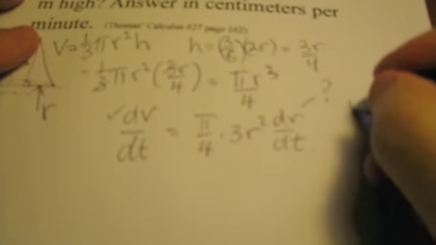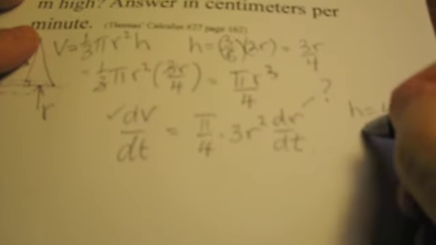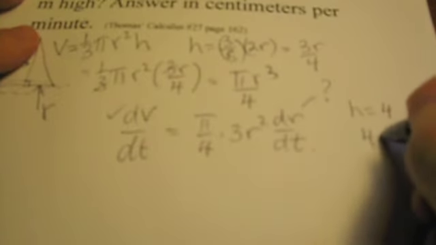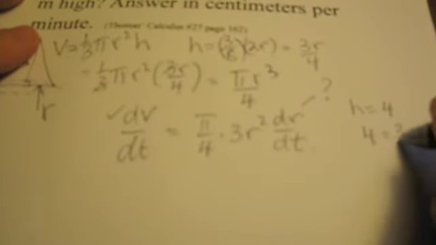So if when h is equal to 4, this tells me that 4 is equal to 3/4 r, so r is going to be 16 on 3. So we now got the radius, and we now substitute.